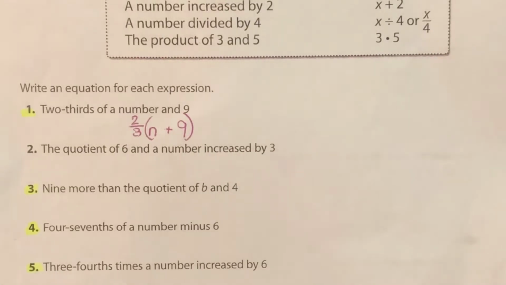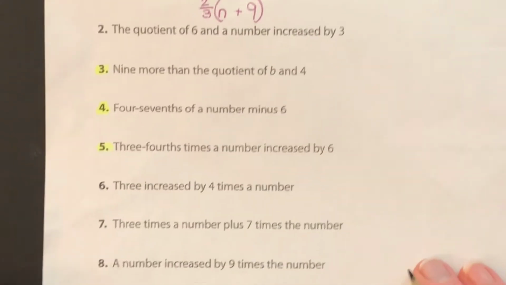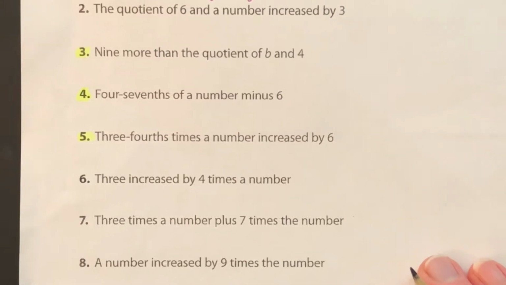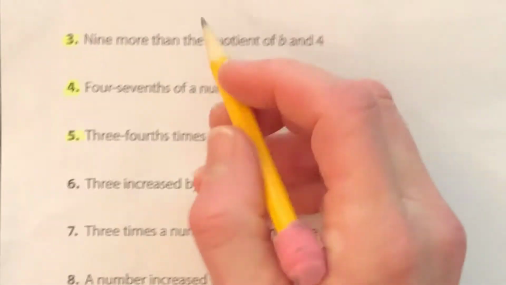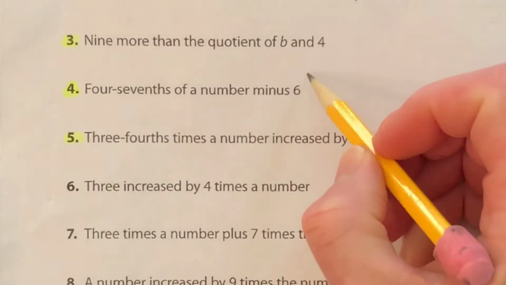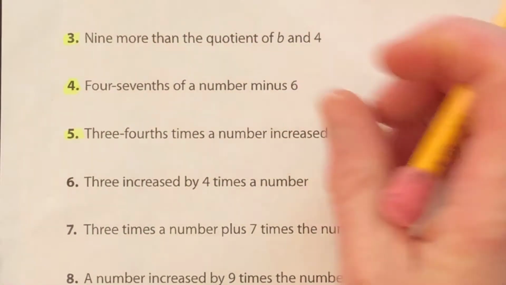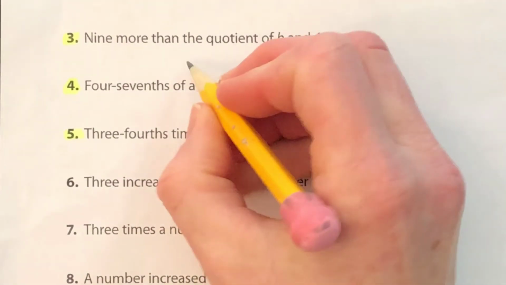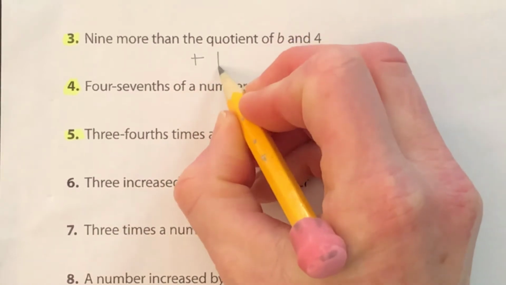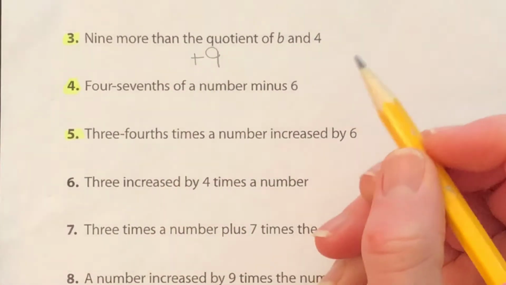We'll do 3, 4, and 5 together now, and then we'll go back down to the bottom for more. 9 more than the quotient of b and 4. 9 more than, so whatever it is, we're going to do 9 more than it.